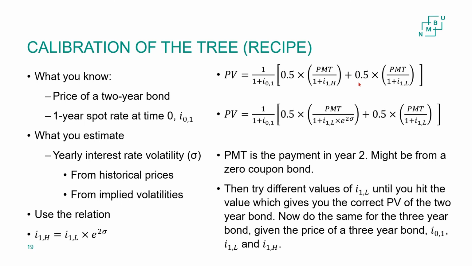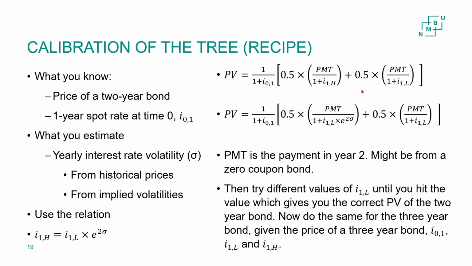And what you do then is that you take the payment in the up move and you discount it by the up move interest rate, okay, to find the present value of this payment at time 1. Remember, we have a 2-year bond, so this payment arrives in 2 years. So this discounting creates the present value at t equals 1, okay?